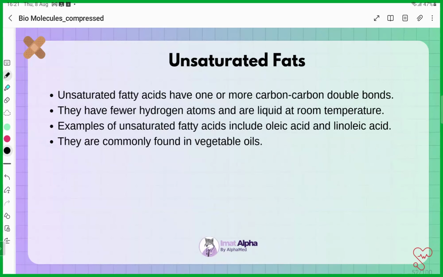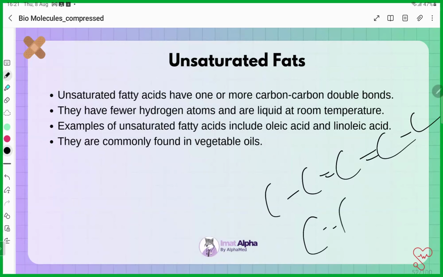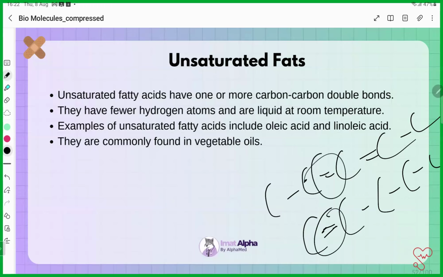Unsaturated fatty acids have one or more carbon double bonds. The chain of an unsaturated fatty acid might be like this, or it might be like this. They will have this double bond group.